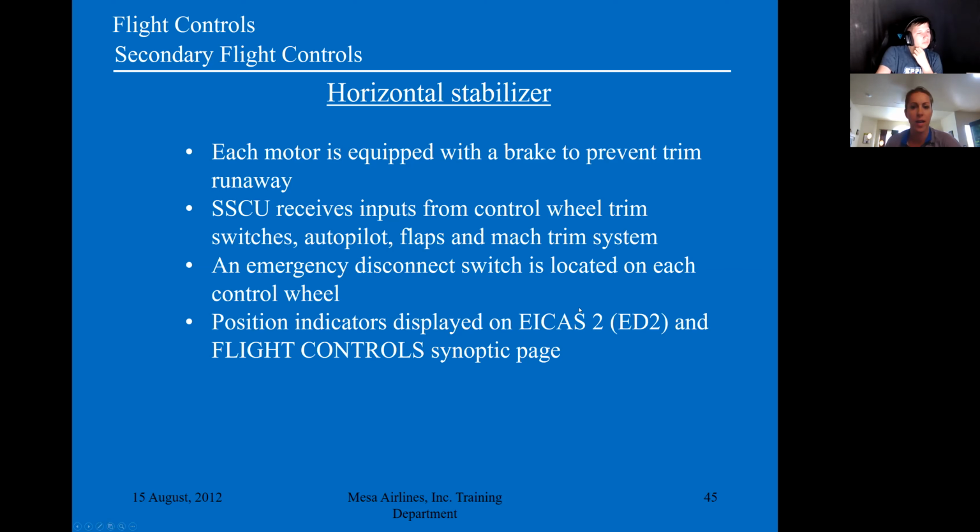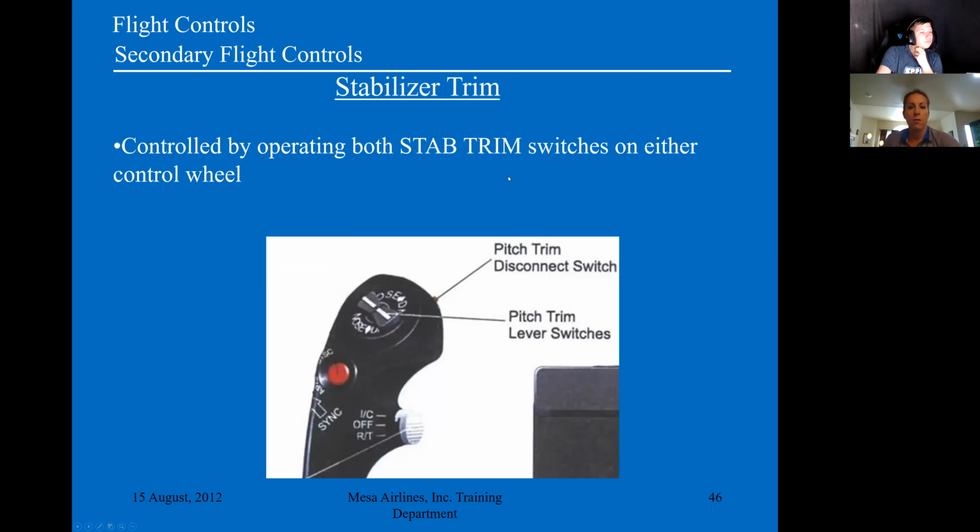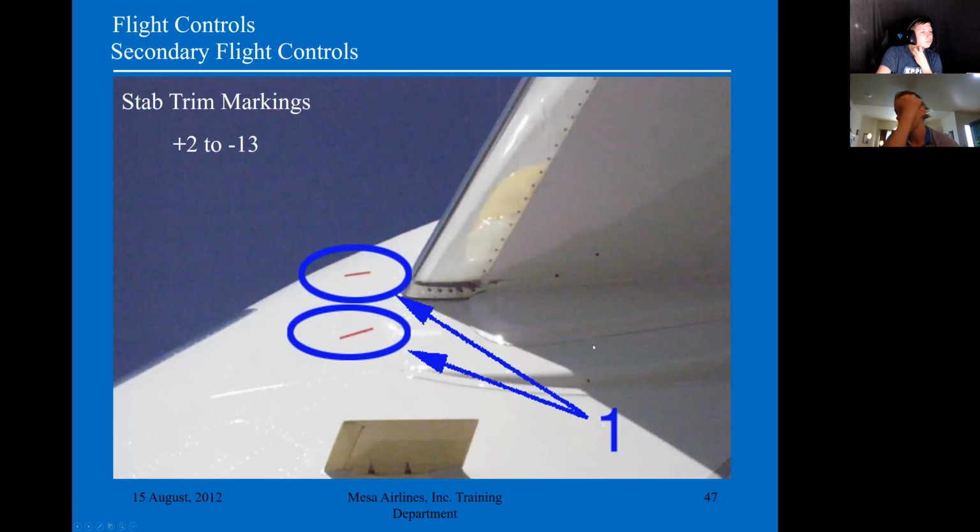Okay, horizontal stab position indicators on ED2, ICAS 2, and the flight control synoptic page. There's your switches. There's a two-sided switch because it's an electrical control, basically preventative for runaway trim. Both sides have to go to ground in order to move the trim.